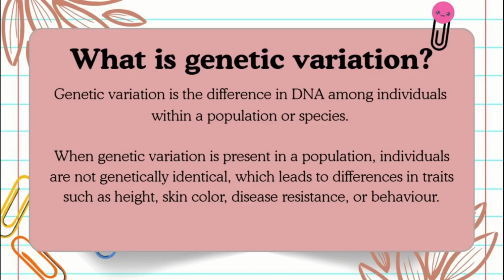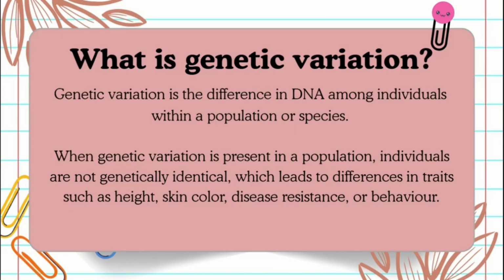It's almost like siblings, or within a family, you have siblings and you have one that may be tall, then one short, then one medium height. So variation is very important for survival. So basically, when genetic variation is present in a population, individuals are not genetically identical, which leads to differences in traits such as their height, skin color, disease resistance, or behavior.